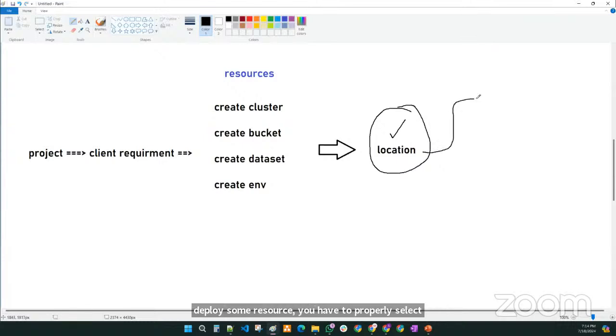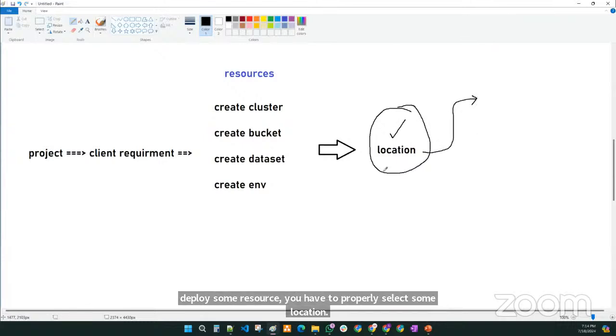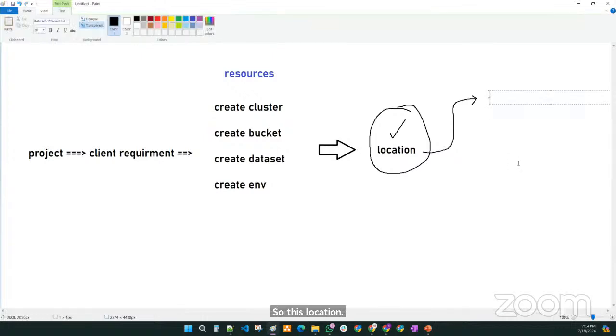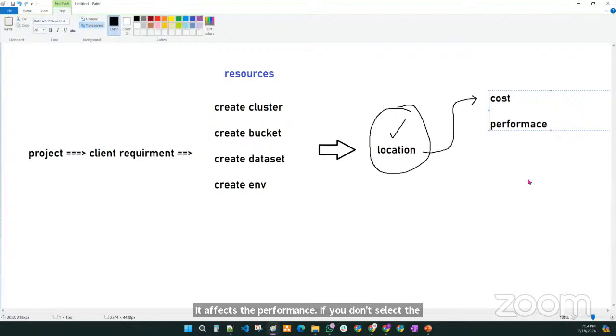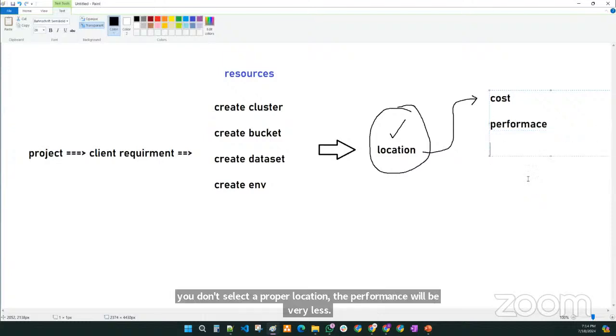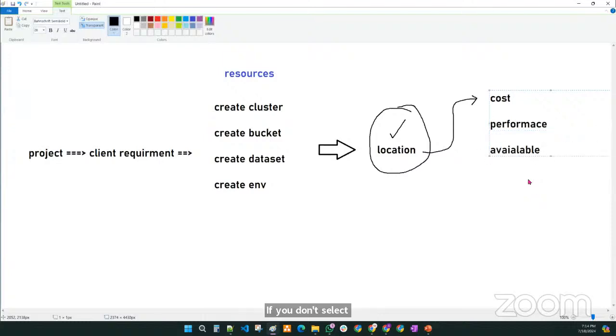The selection of location affects the cost. It affects the performance. If you don't select a proper location, the cost will be more, the performance will be very low, and the data may not be available all the time.